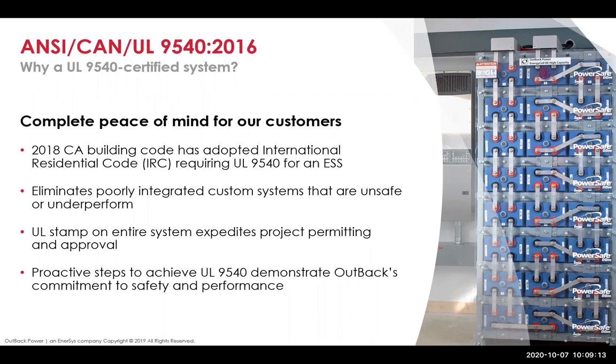Each individual device, the inverter, the charge controller, all the different pieces have a UL mark, but the system doesn't. Then they start nitpicking wire sizes and so on. This should eliminate that nitpicking and help expedite permitting. You can say, hey, this is UL 9540. So we've taken these steps to make it easier, especially for those in California. But even if you're not in California, there are advantages to having the UL 9540 system.